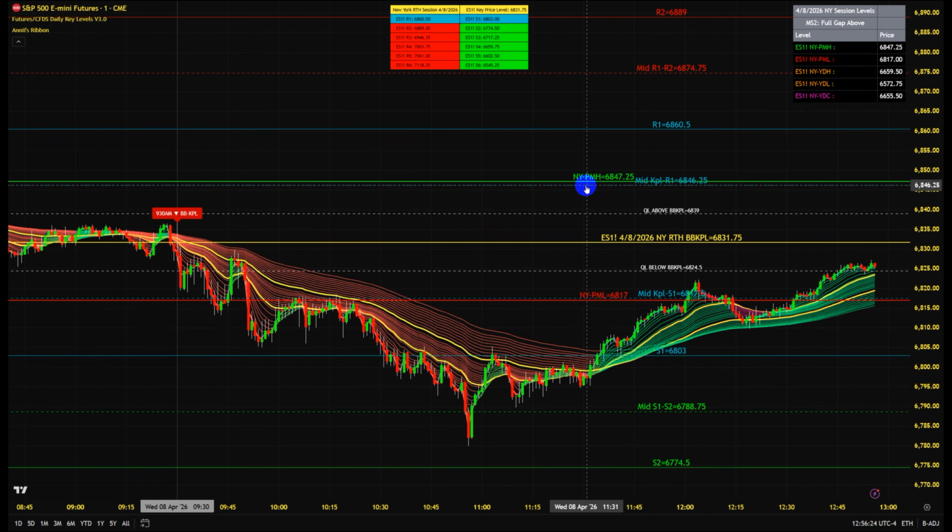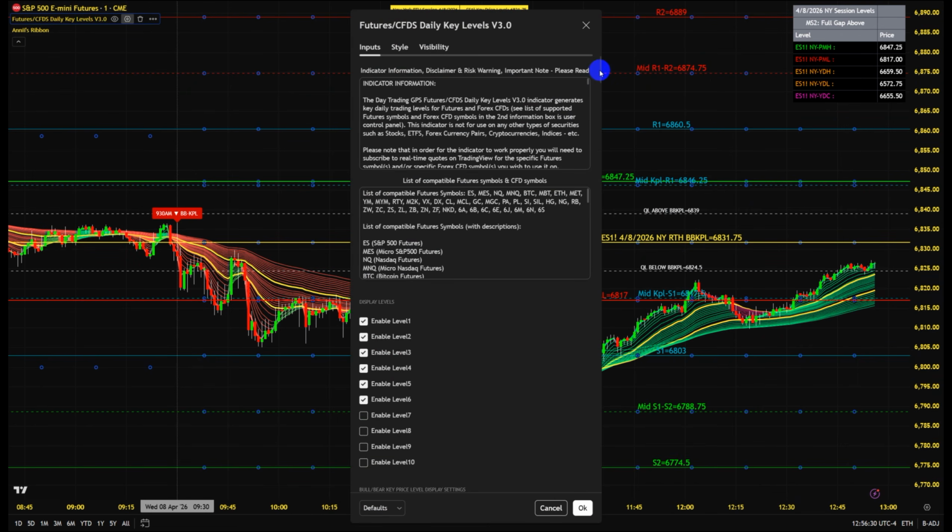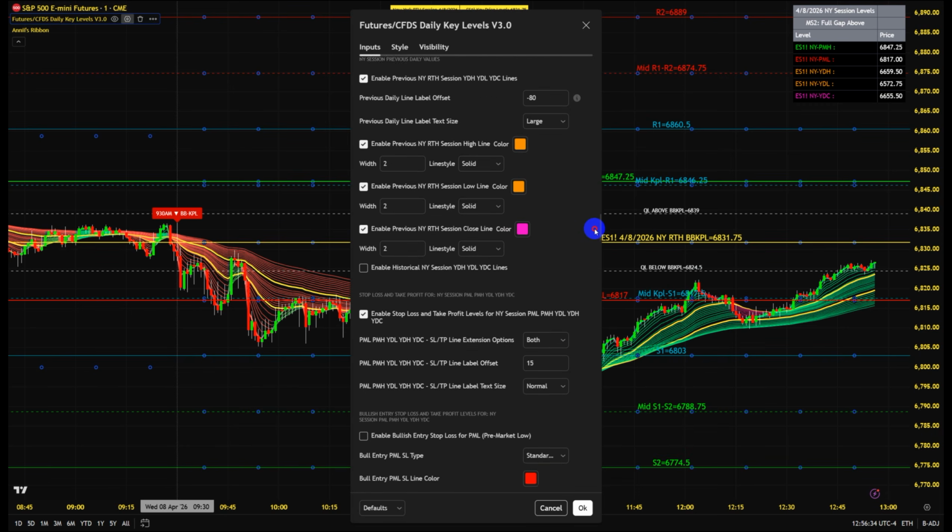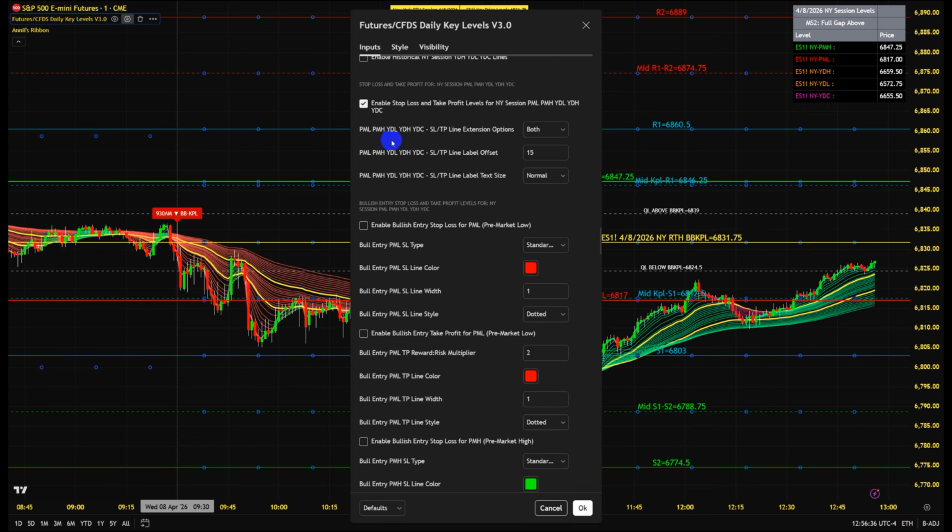If you're taking a bullish or bearish trade off one of the 5 contextual key levels, then that is done in the user control panel by simply going down to the section for stop loss and take profit for those contextual levels.